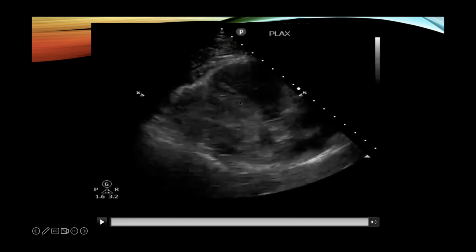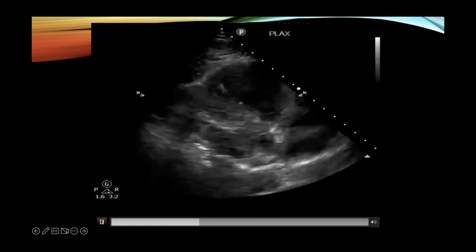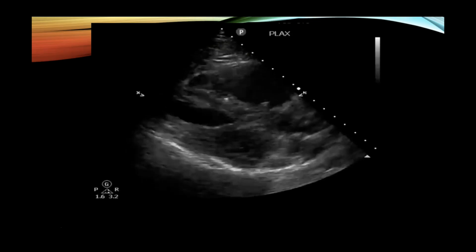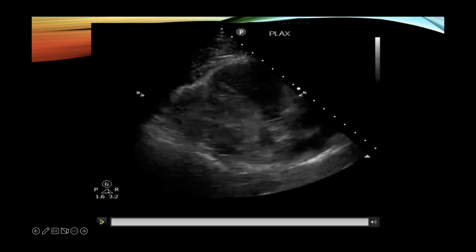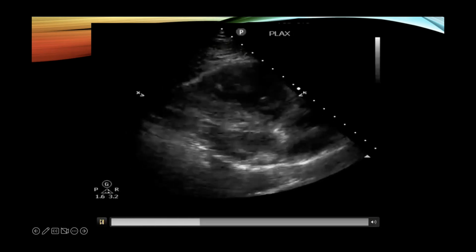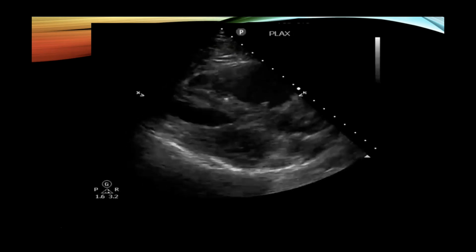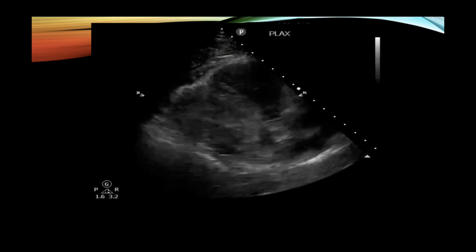So focus is right here. So in this one, once you look closely, you'll see this one looks a bit bigger than normal. So our right ventricular outflow tract here looks pretty big. And so that can clue you in that there's some kind of strain on that right ventricle that's making it larger than it should be.